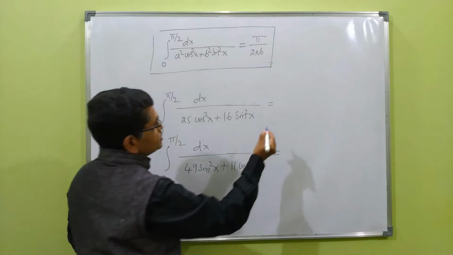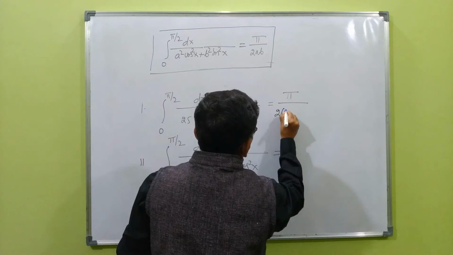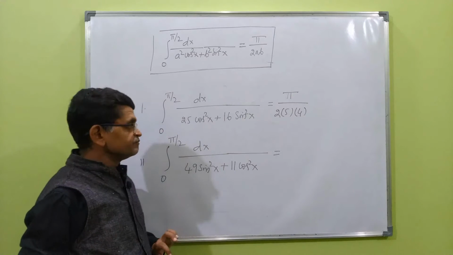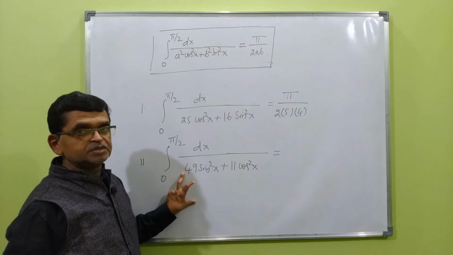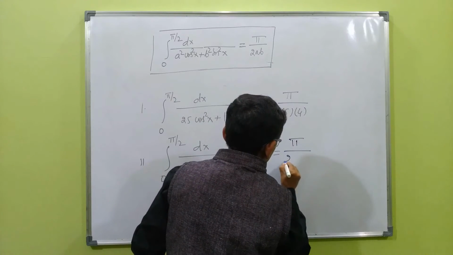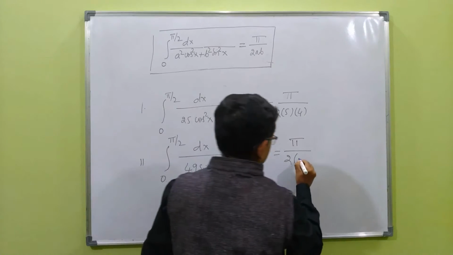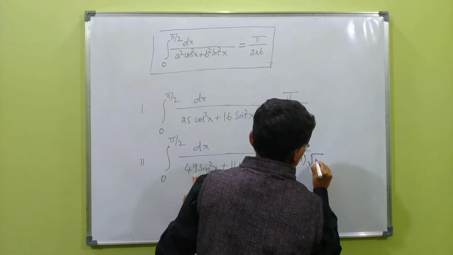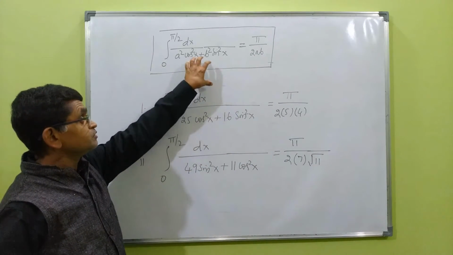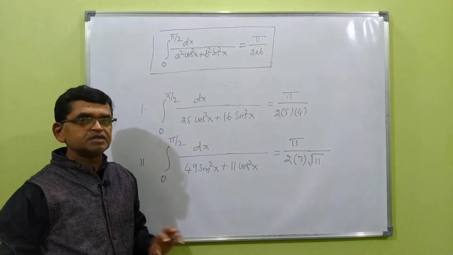So directly you can write the answer as pi by 2 into 5 into 4 or pi by 40. Similarly for this is pi by 2 into root 49 is 7 root 11. It is the answer. Okay, if you are familiar with this type of integrals, then it is very easy to write the answer.